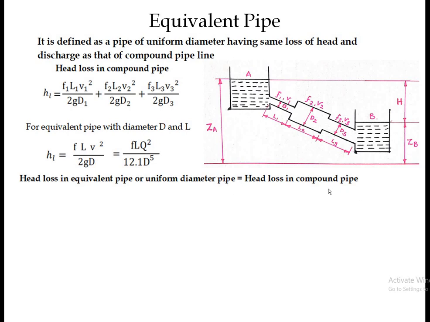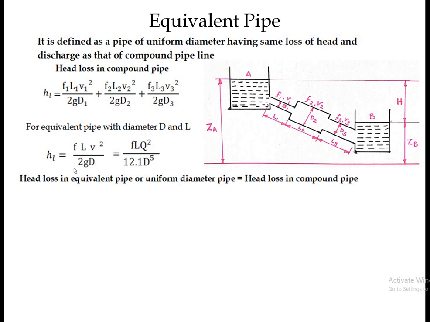This is the only condition for the equivalent pipe. When can we say that the pipe is an equivalent pipe? When the head loss in the uniform diameter pipe equals the head loss in the compound pipe. So we have to apply this condition.